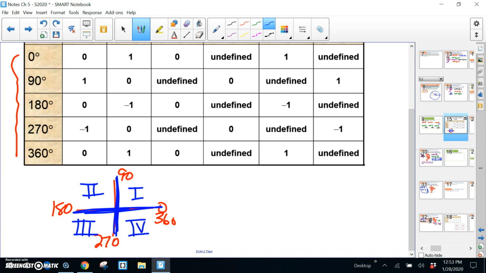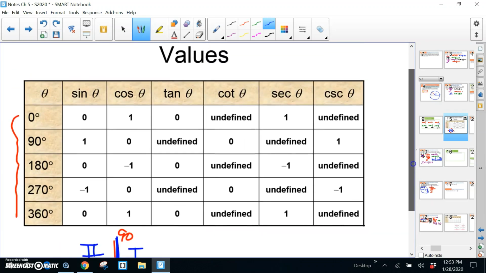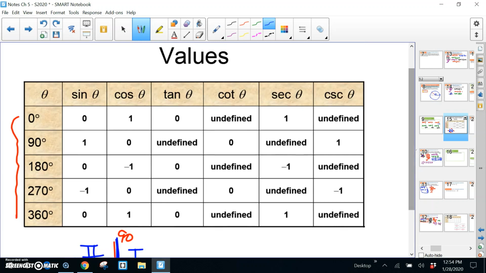So they're called the quadrantal angles. So if you notice, when you do sine, cosine, that kind of stuff, you're going to get zeros and ones and maybe undefineds. So if I said something like cosine 180 degrees, how you'd use this chart is you'd go cosine 180 equals negative 1. That's how you'd use that. So what's tangent 270? Undefined, right?